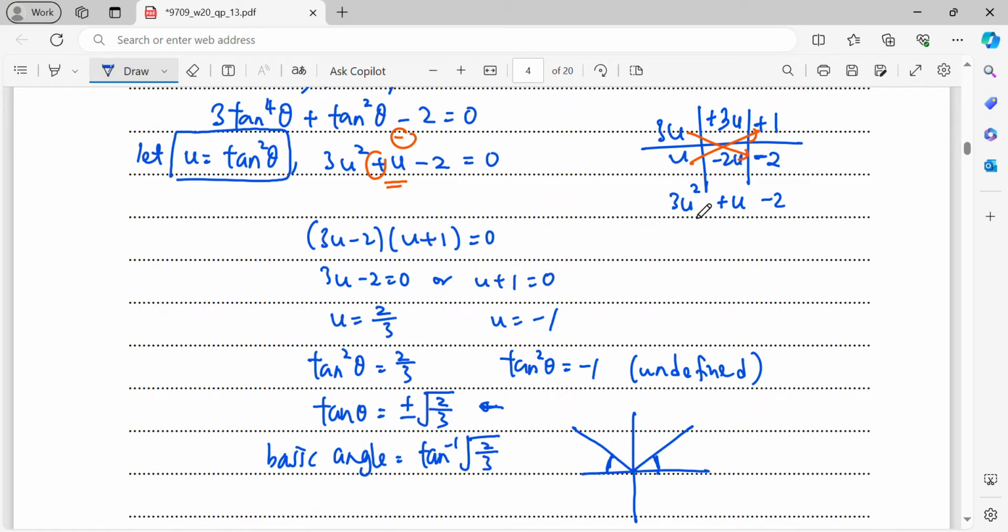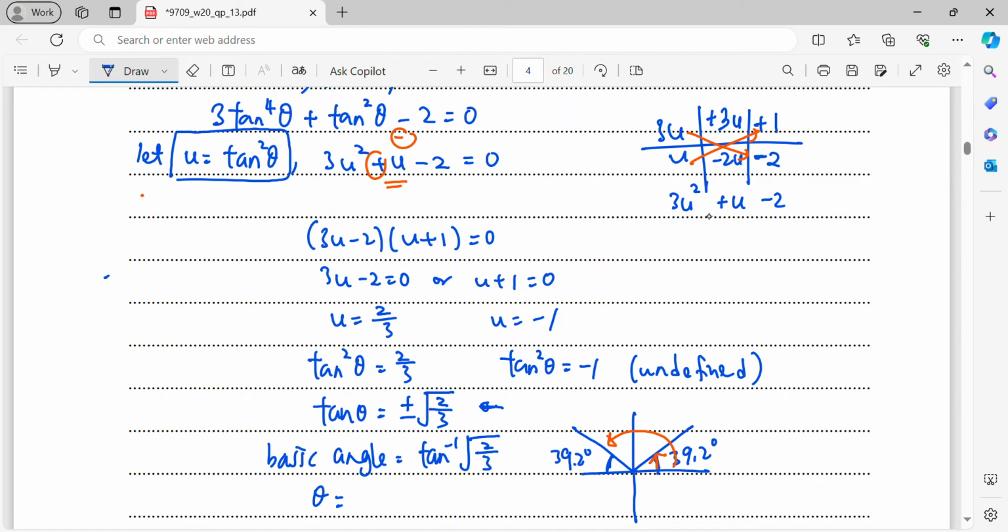And when you use calculator, that is going to be 39.2 degrees. Now, my theta, okay, it will be first value 39.2, and the second value is this major angle. We know that one straight line is 180 degrees. So the major angle, the bigger one, will be 180 minus 39.2.